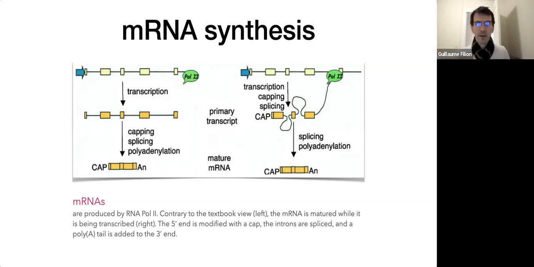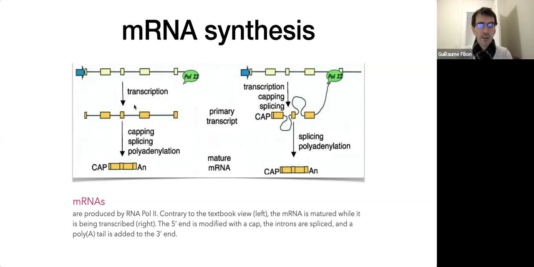Back in the days, people were saying, okay, you've got the primary transcript, and then it's exported to the cytoplasm, and somewhere in between, the introns are cut, and then you've got this splicing phenomenon. Close to the end, you've got the capping, and then it's polyadenylated somewhere in that process.